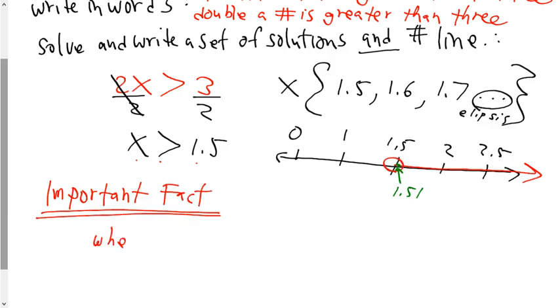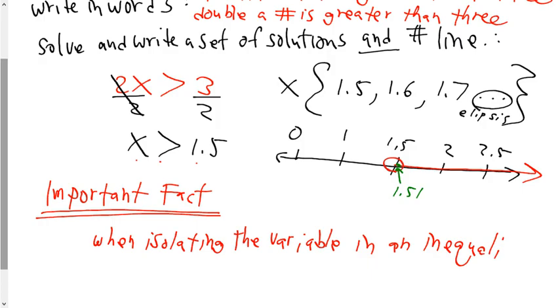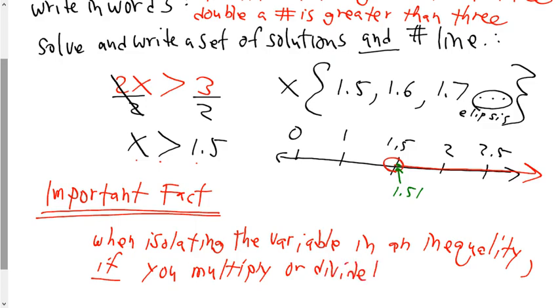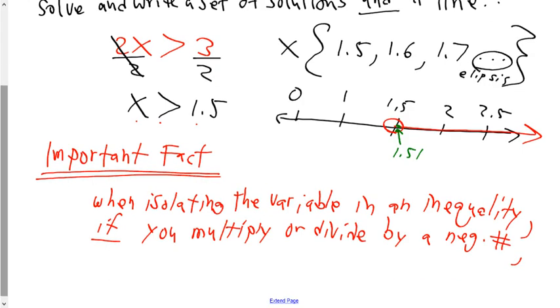When isolating the variable in an inequality, if you multiply or divide by a negative number, this is the most important fact of the whole chapter right here, what I'm about to write.